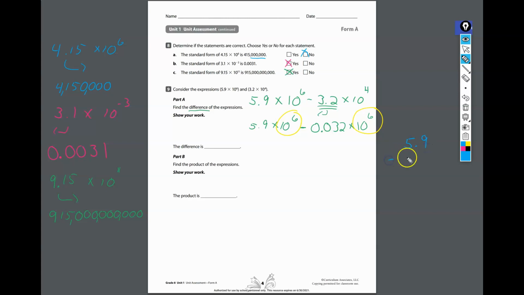5.9 minus 0.032. Always line up your decimals when you're adding or subtracting. Make that a 10. That gives me an 8. Gonna have to keep borrowing here.